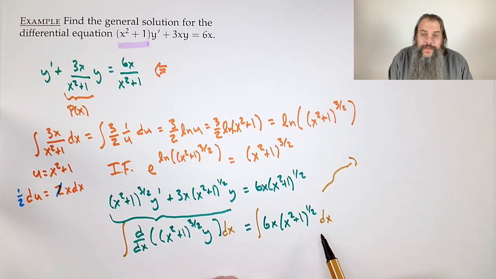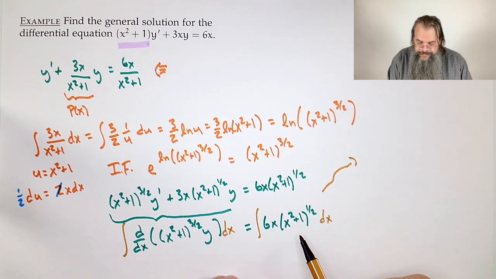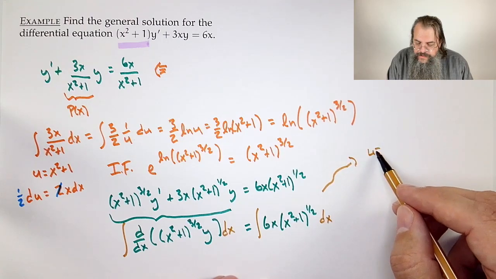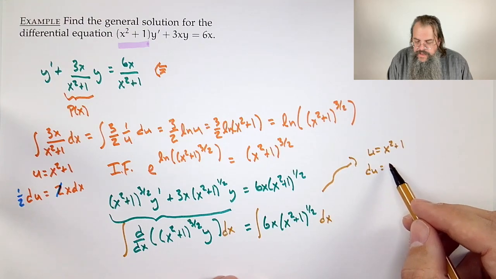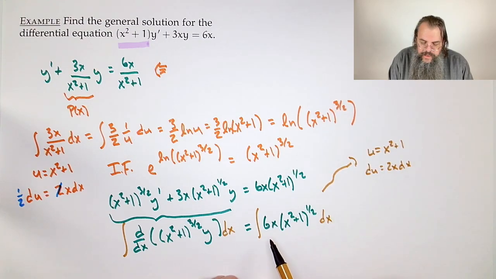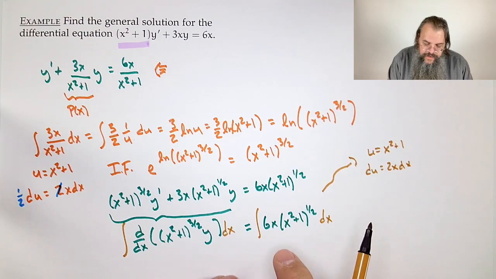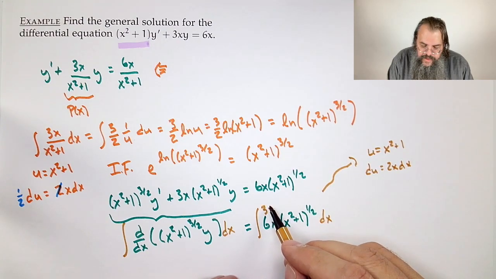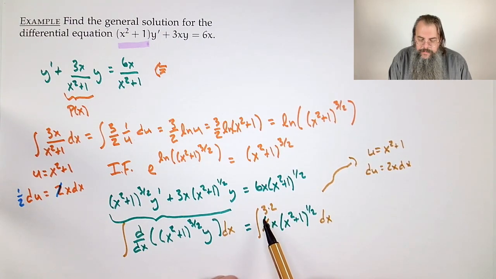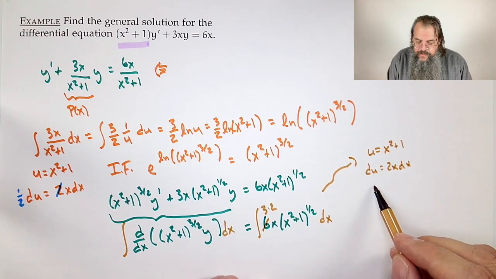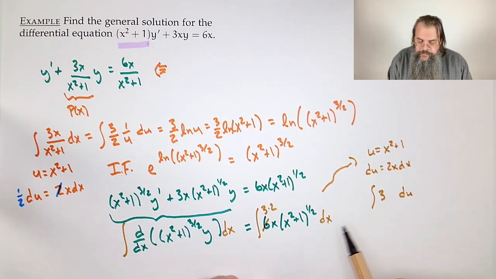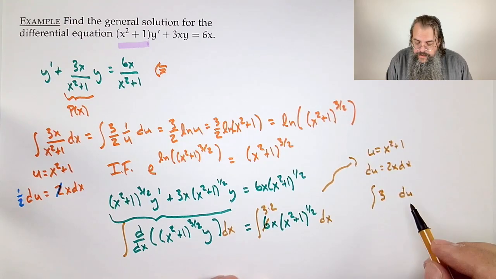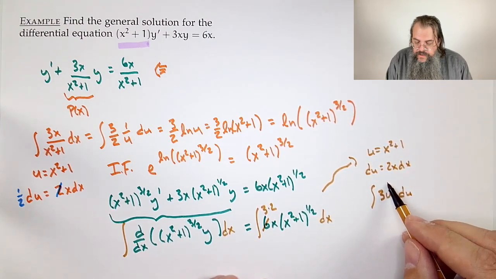You'll see, hey, similar substitution, right? So you let u equal x squared plus 1, and du can be 2x dx. And we say, hey, that's kind of cool. You see, 6 can be written as 3 times 2. And then we have our 2x. So this becomes the integral. We're not going to use the 3, but the 2x dx will become a du. And this (x squared plus 1) to the 1/2 will become u to the 1/2.